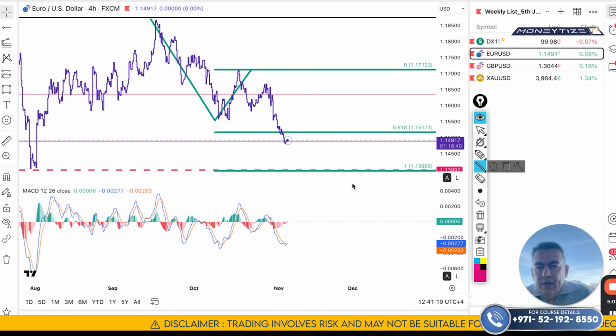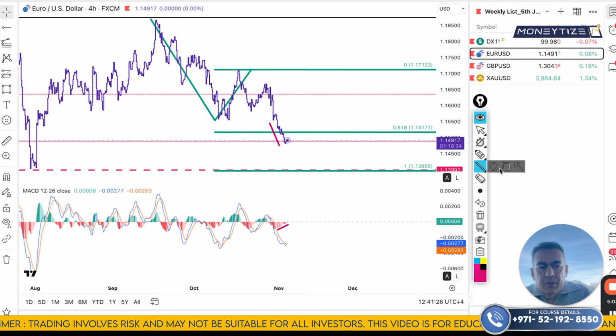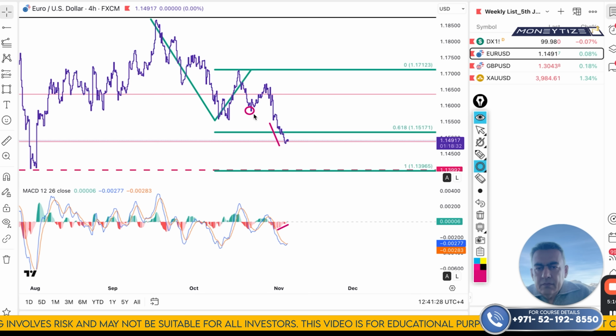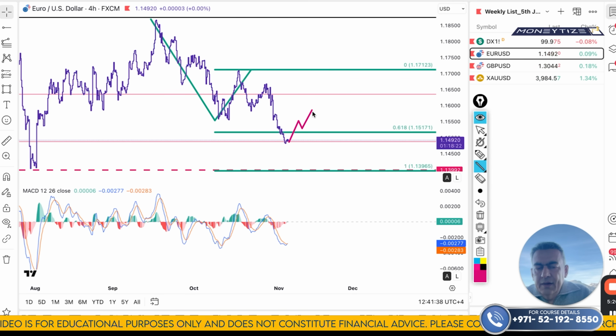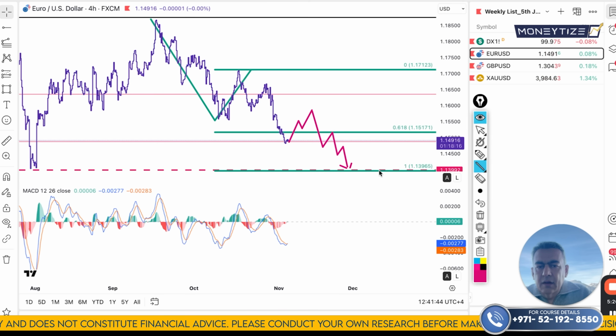But based on the latest price action here, I can see loss of momentum and we need some pullback here. So if I'm comparing the previous low with the new low, it's creating a lower low sequence here, which means no divergence. So a pullback should be taken as an opportunity to sell here, and Euro USD is expected to hit 1.1396 in the coming days.